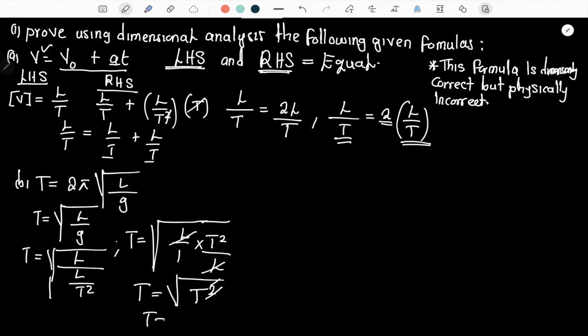So you're going to have T is equal to T. Notice that your right-hand side and your left-hand side are the same. So you would conclude by saying this formula is dimensionally correct.